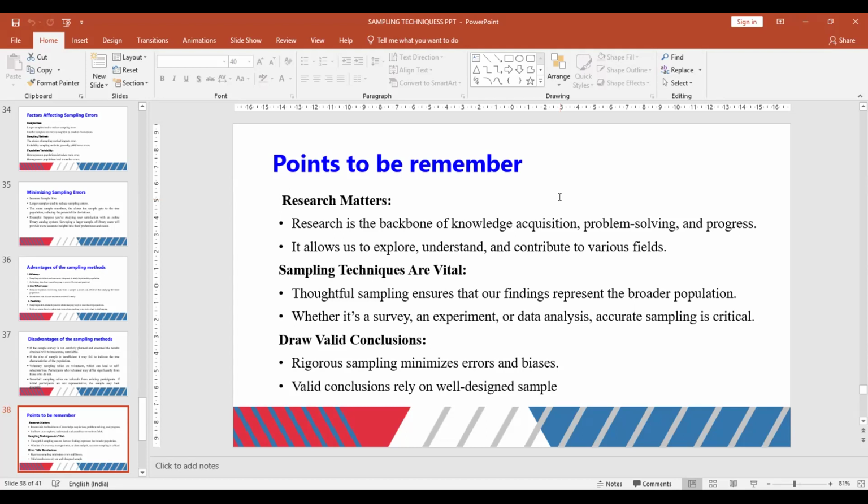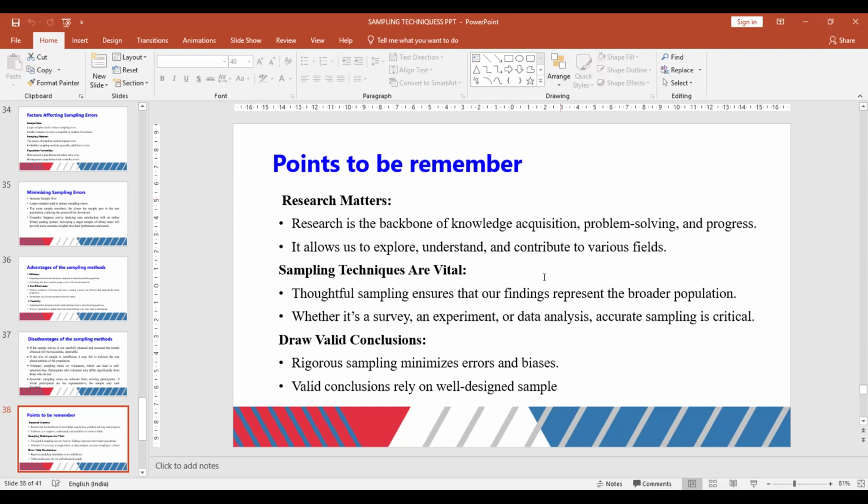After all these things, I am concluding my views on sampling methods. Without any doubt, the sampling method is essential for credible research. It allows us to draw conclusions about the population from a subset of members.